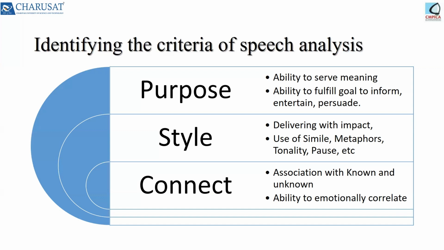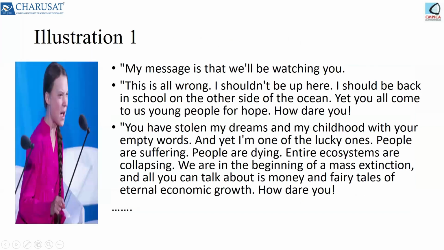When I say personally correlate, digression is a basic malpractice that happens, so let's see to it that it is not commonly misassociated. So connect, emotionally correlate, give out personal examples, but at the same time, it should not be more and more digressive. So first we are going to study an illustration, an illustration of the speech.